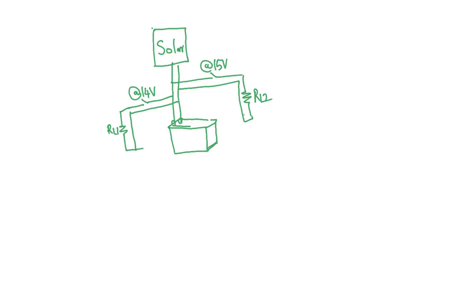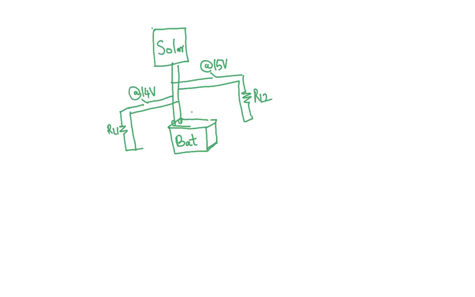So let's take the example of a solar panel that is charging your batteries. These are the batteries. Now, in order to protect the batteries from overcharge, let's say your battery is charged and your solar panel can continue giving it power, then this voltage will start drifting up more and more, and that will blow up your battery.